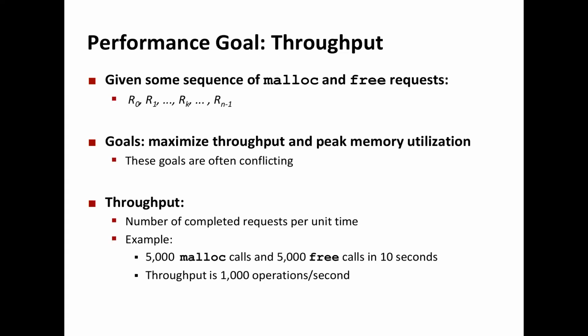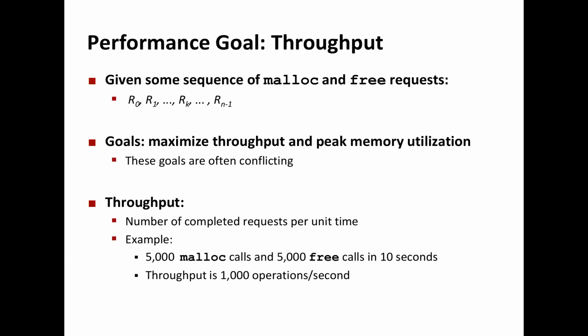So for example, if you have 5,000 malloc requests and 5,000 free requests in 10 seconds, we have to count both malloc and free. That's going to be 10,000 requests in 10 seconds. So therefore, we have 1,000 operations per second. That's probably very slow throughput, but that's just an example, right? You definitely want to have much faster memory allocation.